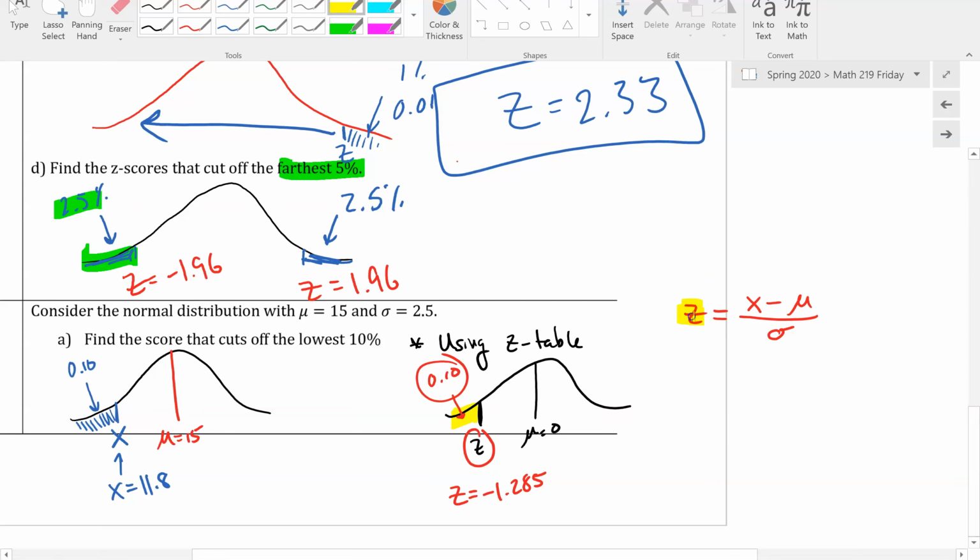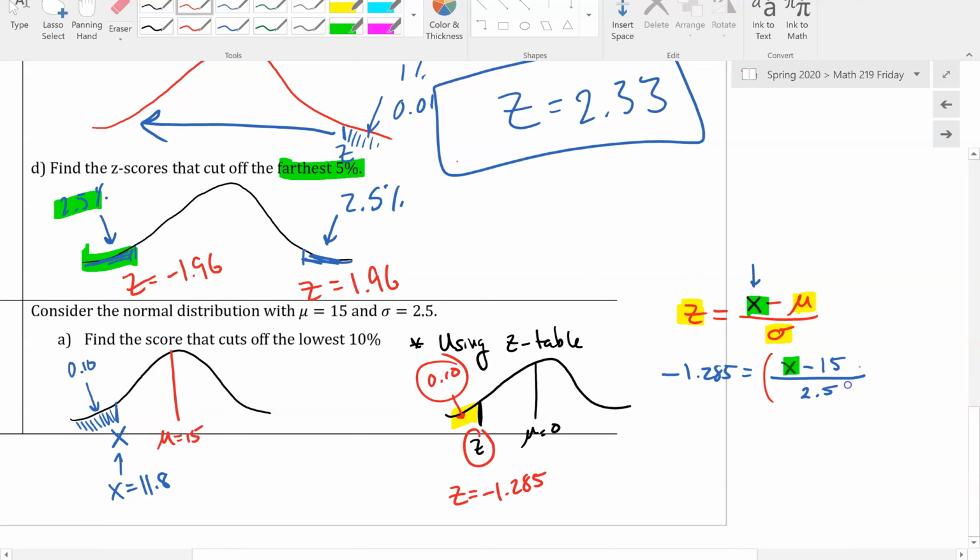Well, now I know the Z score, and they gave me the mean and the standard deviation. So if I plug those three things in, I can then go find that score X. I know the Z score. Don't know X, but I know the mean is 15 and the standard deviation is 2.5. And I could solve that equation for X.